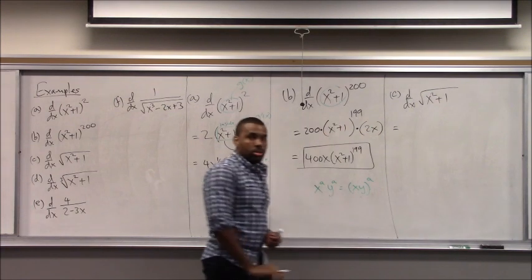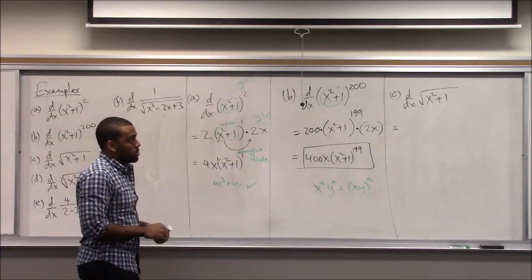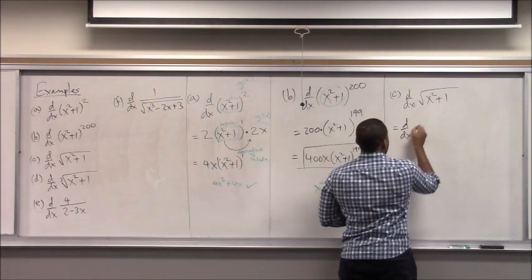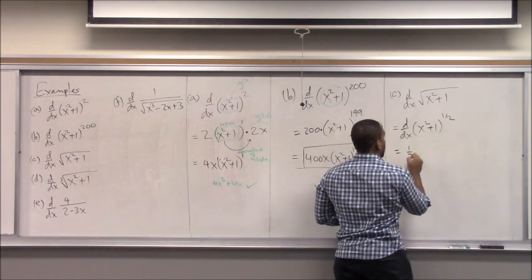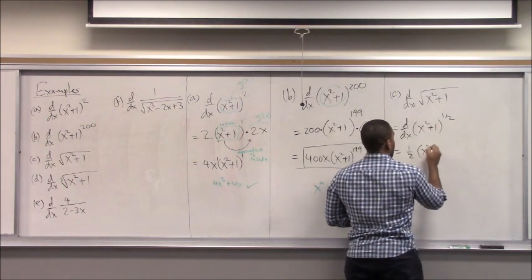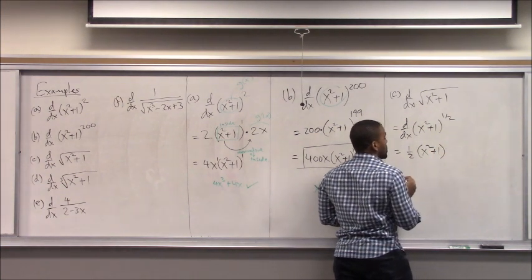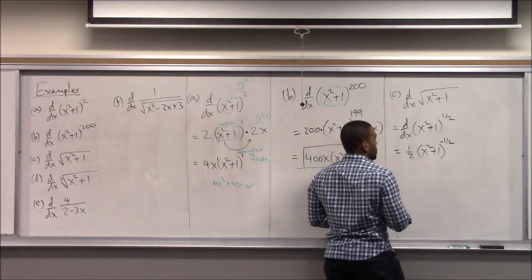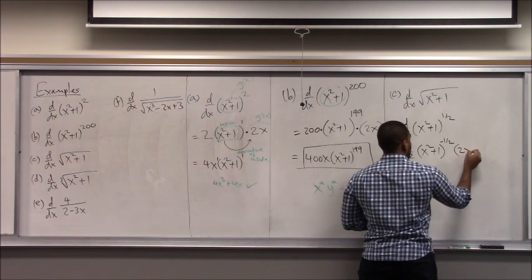Okay, what about this one? So you do x squared plus 1 to the 1/2. Sure, you rewrite it, and when you rewrite it, it's 1/2 times (x squared plus 1), and then 1/2 minus 1, which is negative 1/2. And then times 2x.